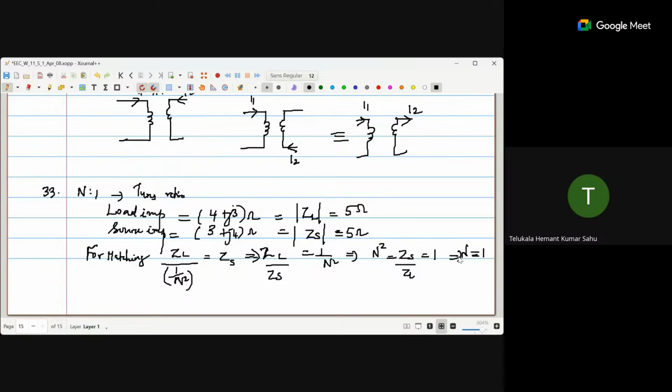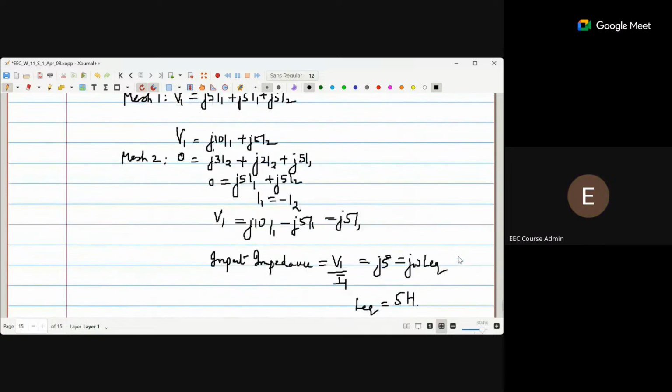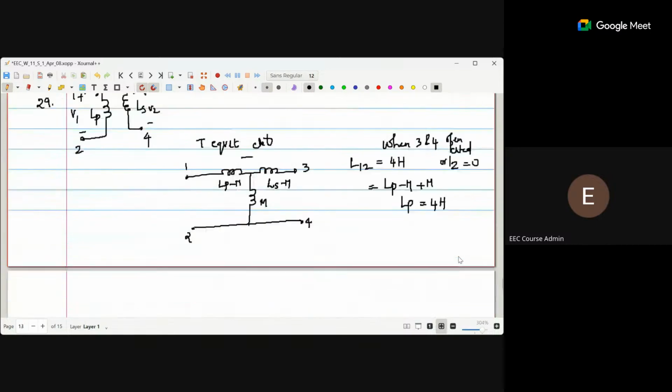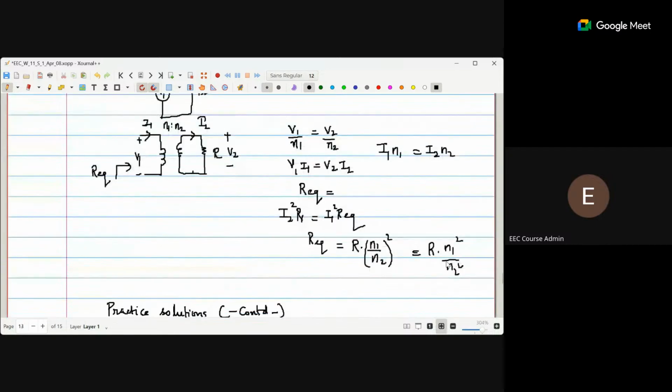Ma'am, please explain what we got here. R equivalent by R, where R equivalent is the primary side and R is the secondary side, equal to n1 square by n2 square.